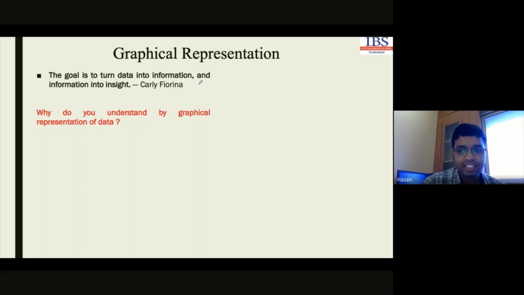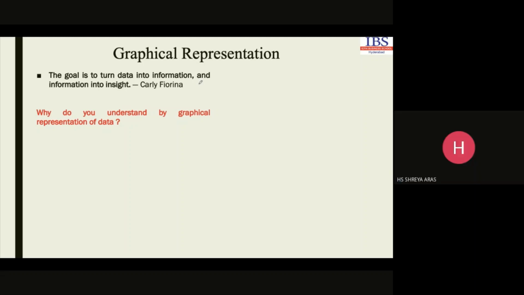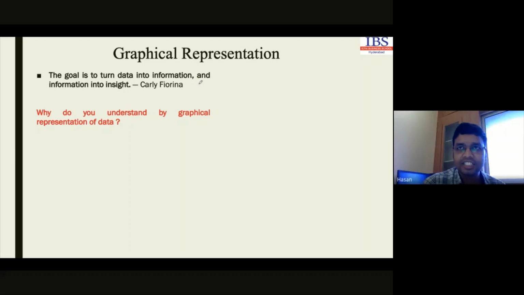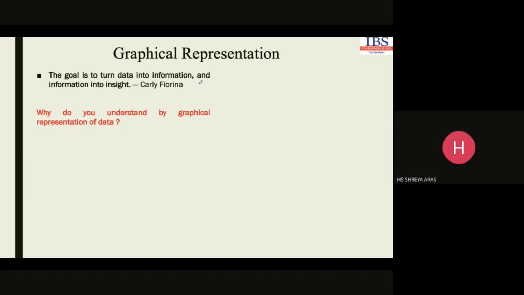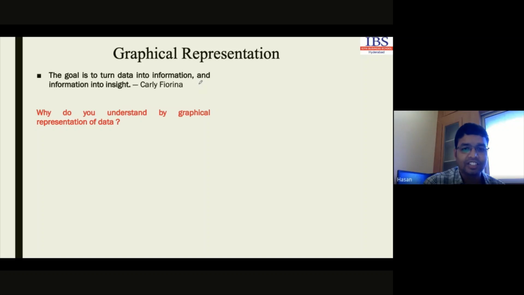If the data length is very high, yes. Any other reason? You understand it systematically also. Systematically, very good. So these two reasons are enough; other reasons are not required at all.